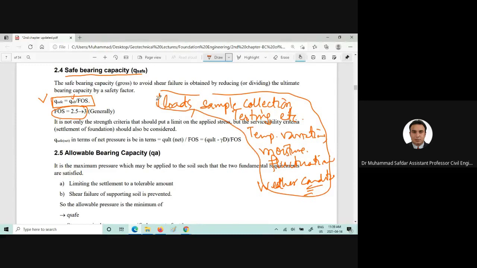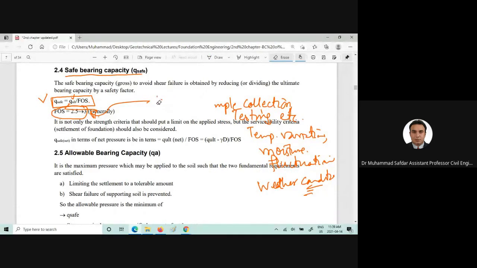So if we are not sure, we apply that factor of safety, which will ultimately increase the dimensions of the foundations. But still, the structure needs to be safe. Therefore, we apply a factor of safety. Okay.